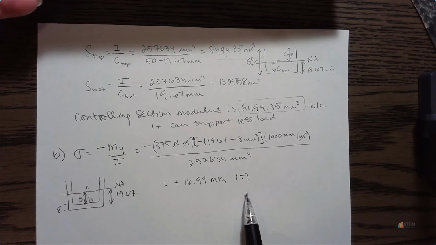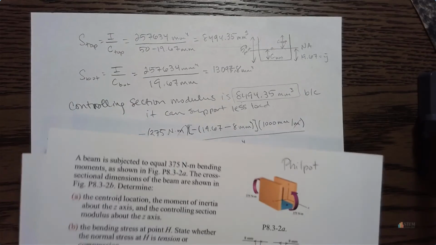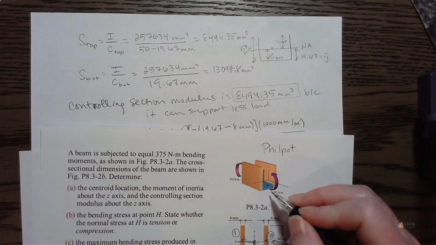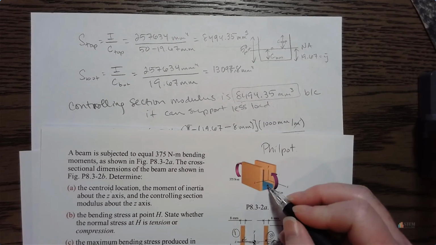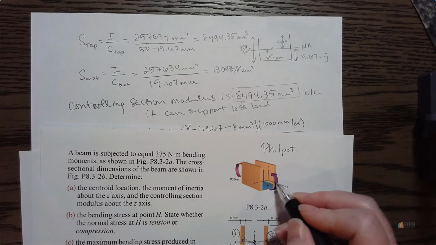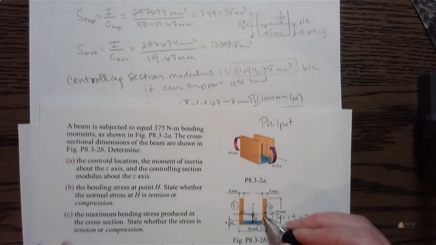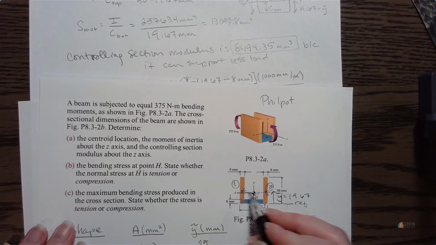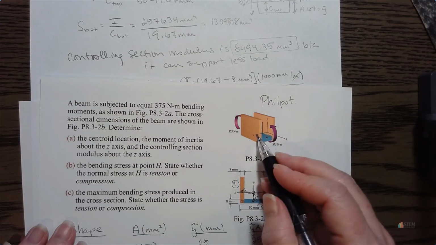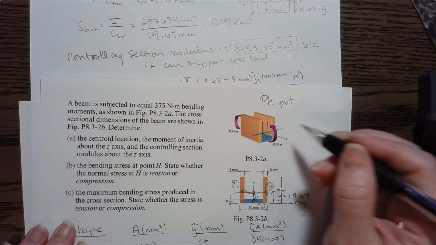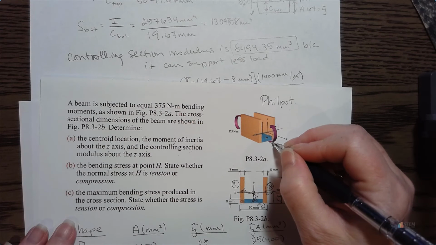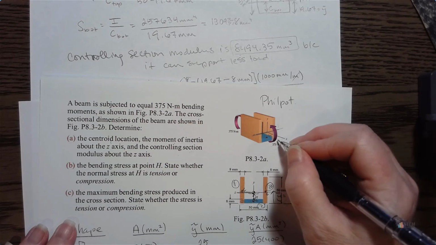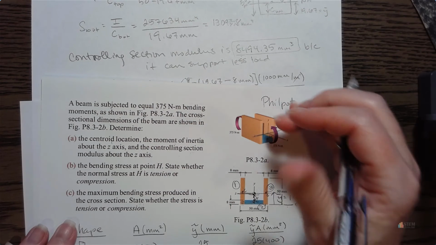And that makes sense if we go back and look at what the moment is doing, right? So remember, H is down here. We've got that neutral axis, right? Here's that neutral axis. So kind of like up in here somewhere, right? And look at the moment, right? So it's going this way.